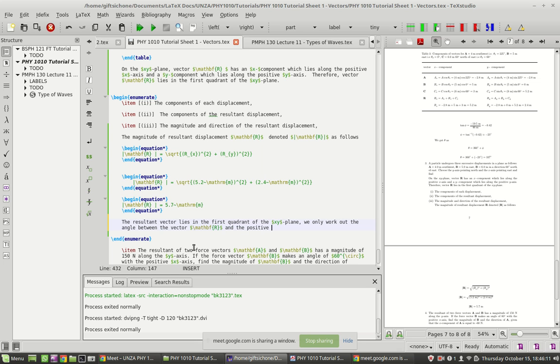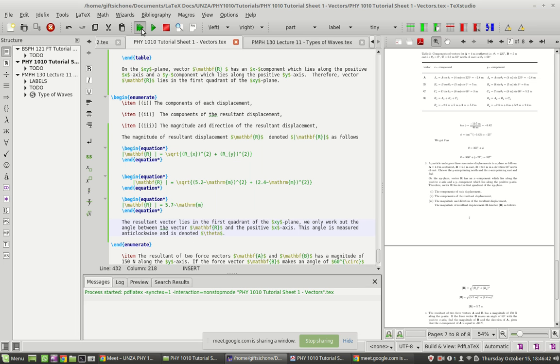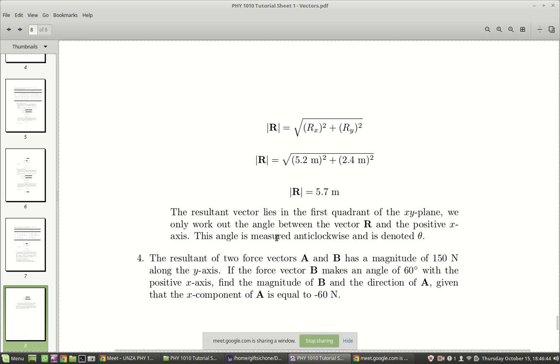This angle is measured anti-clockwise and is denoted theta. So in this case, in the first quadrant, you only need to measure one angle, which is theta.